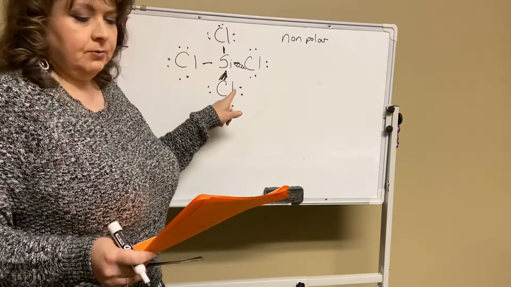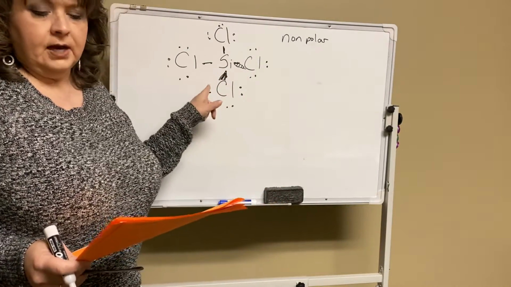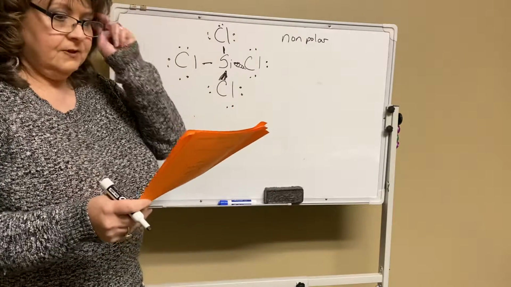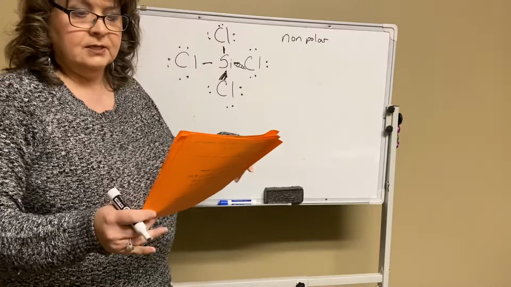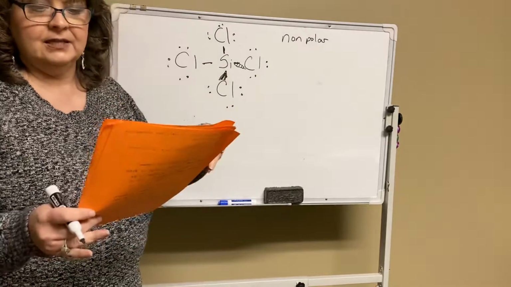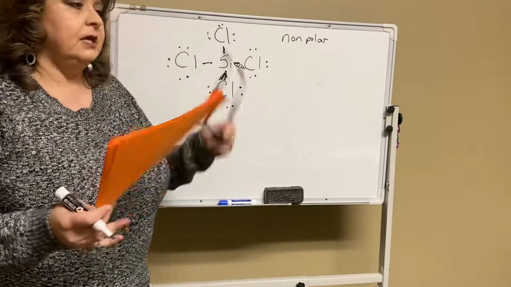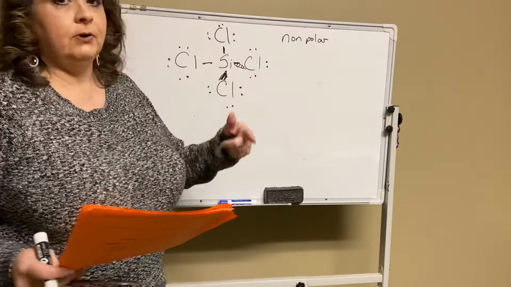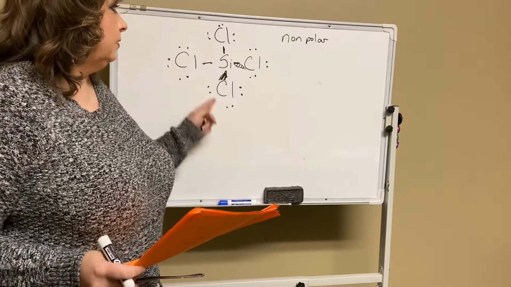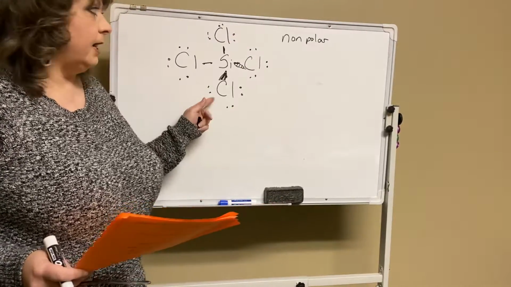One of the things that will help you know whether or not a compound is polar or nonpolar is electronegativity. If the difference in electronegativity is greater than 0.5, then most of the time you're going to end up with it being polar. Now that is not necessarily the case if you're seeing a symmetrical pull, okay?